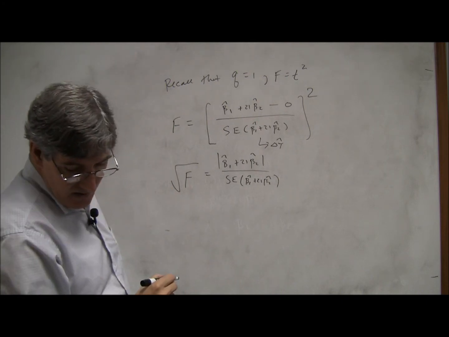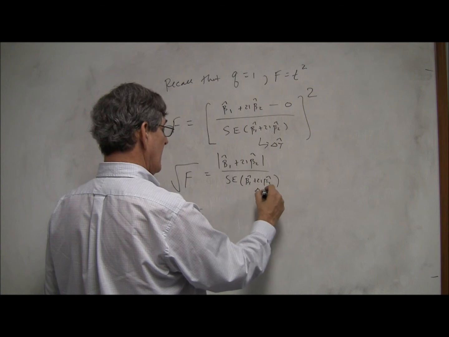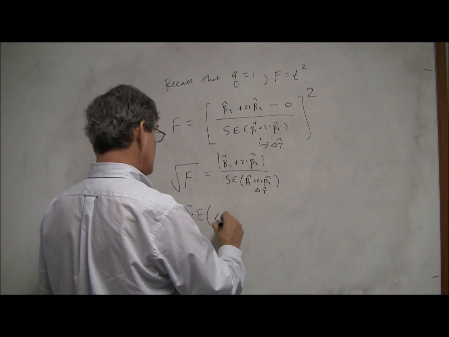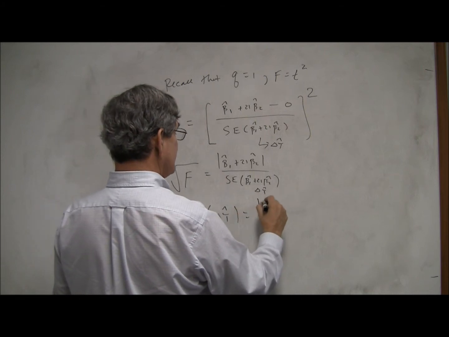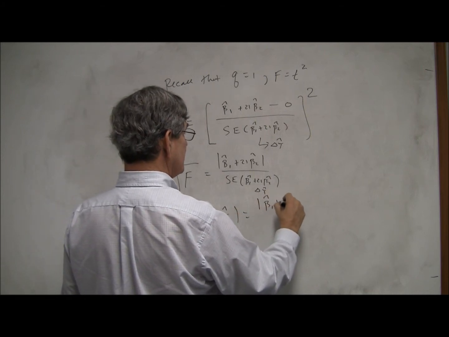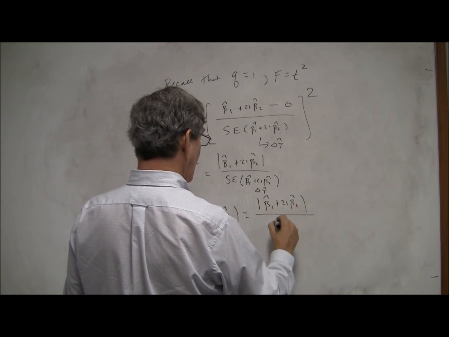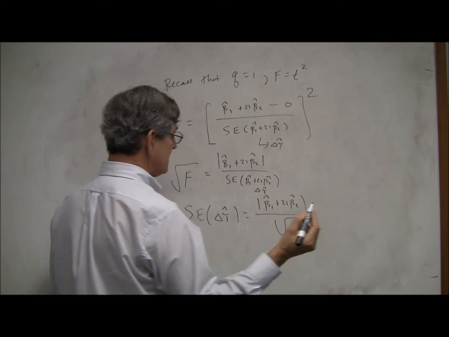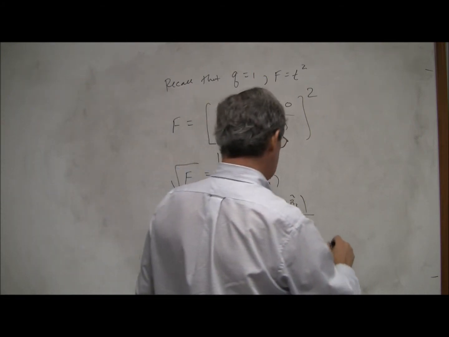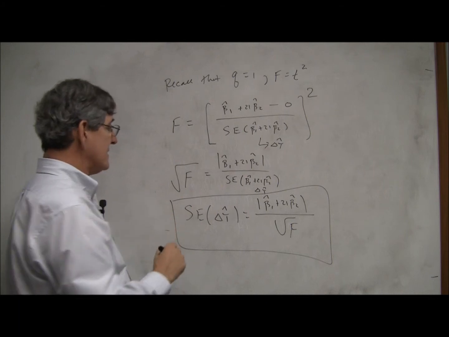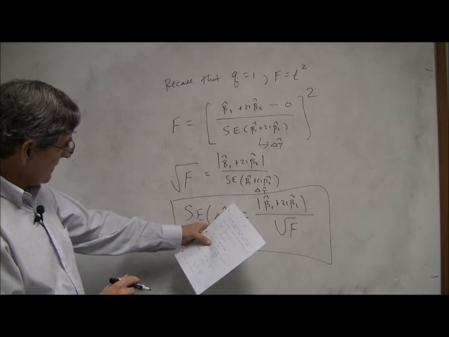So then, just like we said, the standard error of delta y hat is the absolute value of beta 1 hat plus 21 beta 2 hat divided by the square root of F, just what we wrote before. And so this is going to be the basis of a confidence interval for the change in y hat.